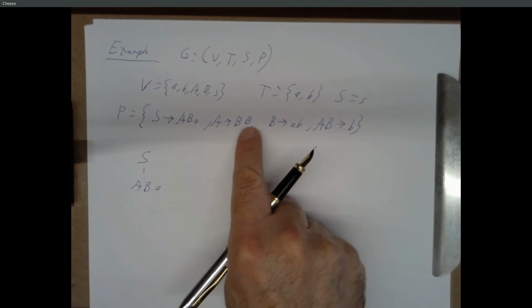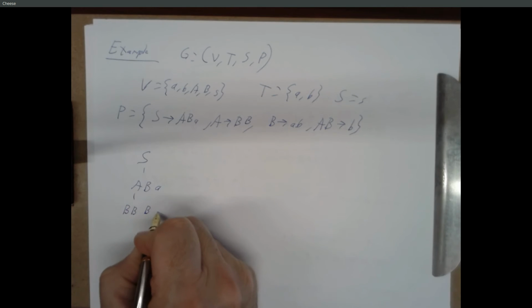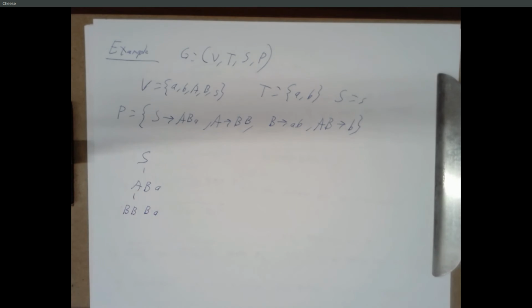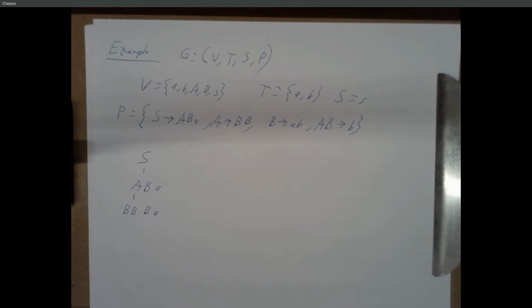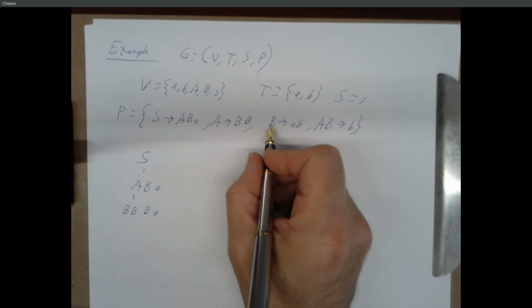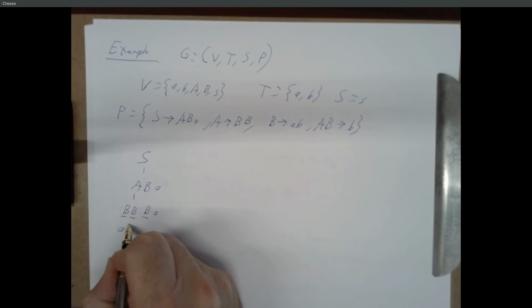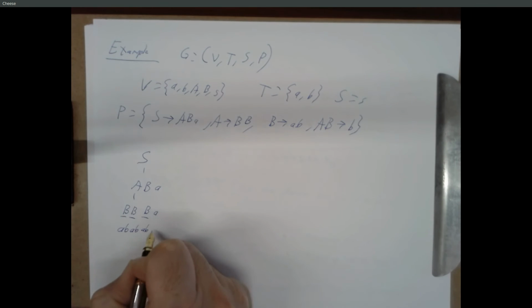And A could be replaced with capital B, which means capital A, capital B, little a can be replaced with two capital B's for the A, and then a capital B and a little a. And each capital B can be replaced by little a, little b.